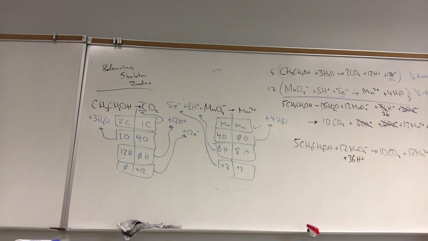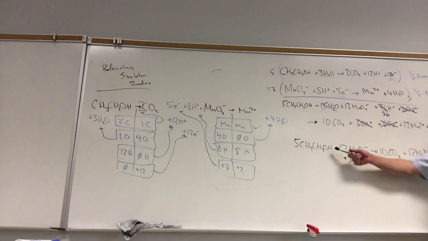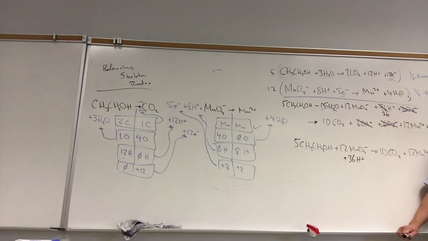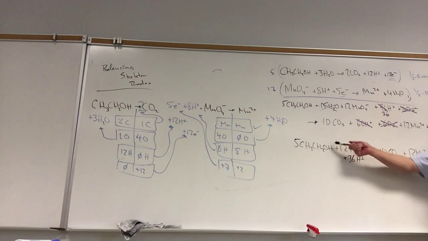The charge. So what's the net charge on the left? What's the charge on ethanol? 0. So 5 times 0 is 0.